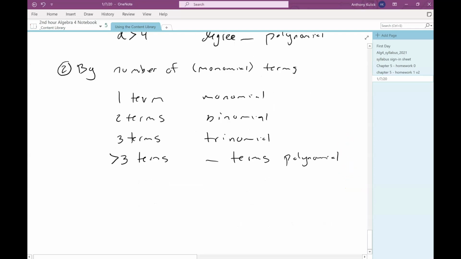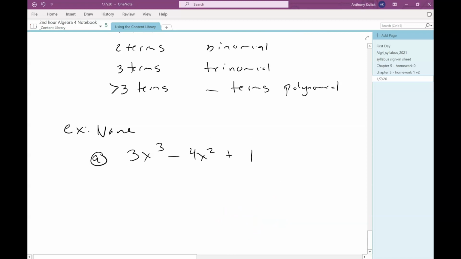Okay, so let's just do an example. So this polynomial, 3x cubed minus 4x squared plus 1. The degree here is 3, so this is cubic.